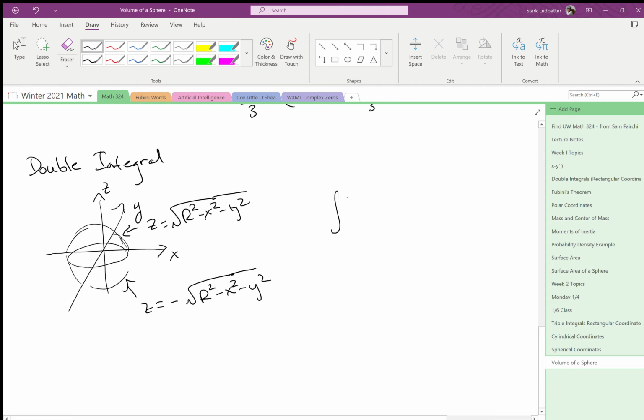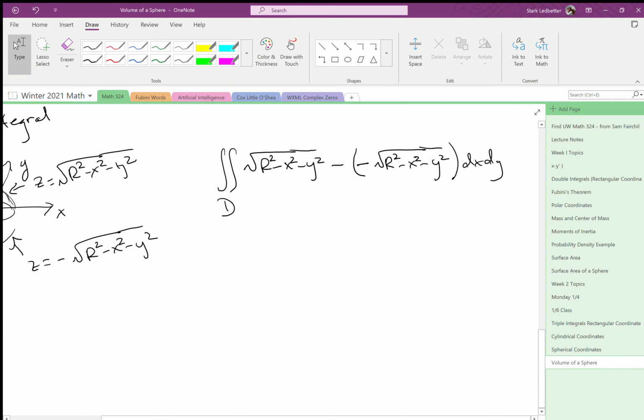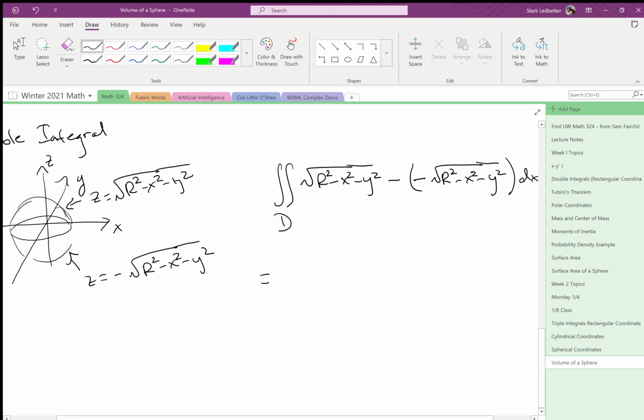You could integrate over your region, and we could do the top half minus the bottom half, dx dy, or that's the same as thinking about it as just saying volume under the top half multiplied by 2.